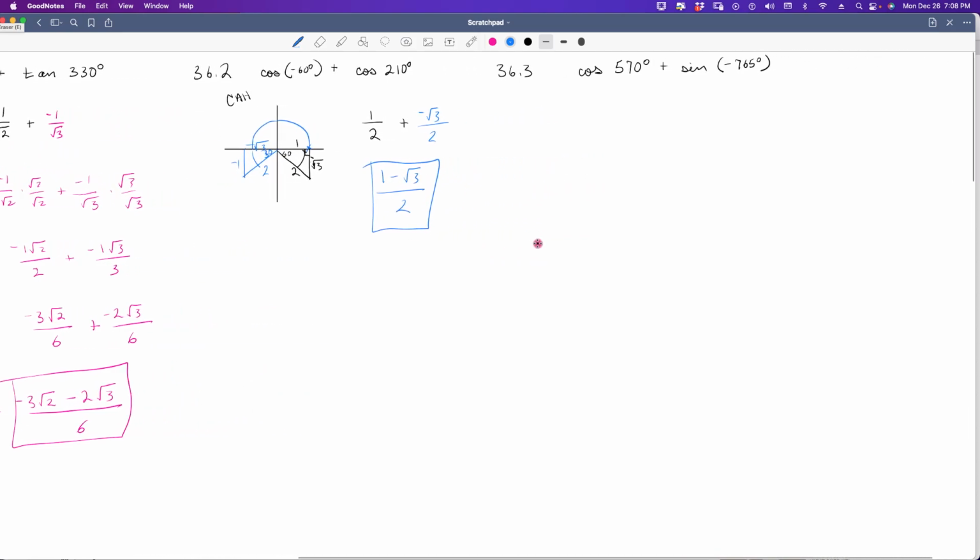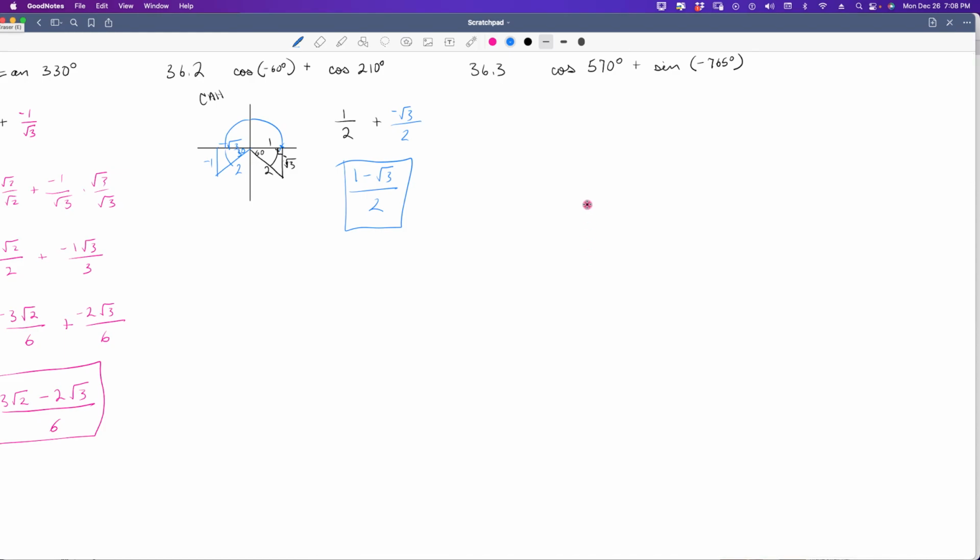All right, so let's look at number 36.3. So I've got another little coordinate system here to kind of figure out where these angles live. And notice these are greater than 360. So I need to figure out exactly where this is. So I'm going to subtract, because it's positive, I'm going to subtract 360. So 570 minus 360 is going to be 210 degrees.